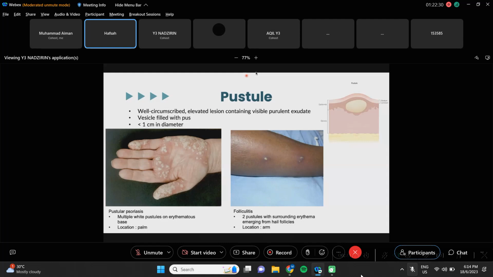One, the distribution of the rash. Two, is it a raised rash or is it a flat rash?